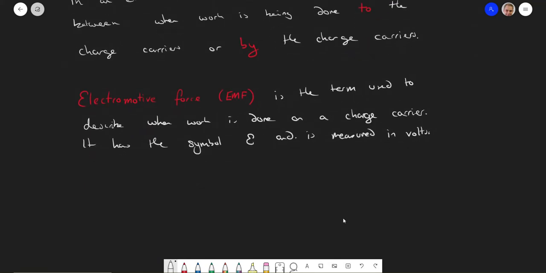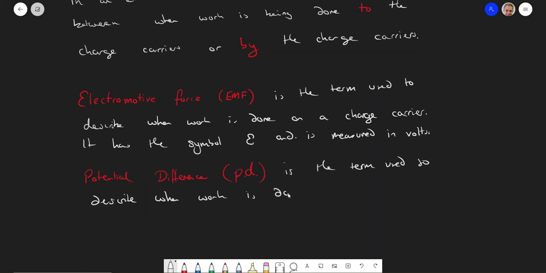And potential difference, which sometimes people just call PD, is the term used to describe when work is done by the charge carriers.